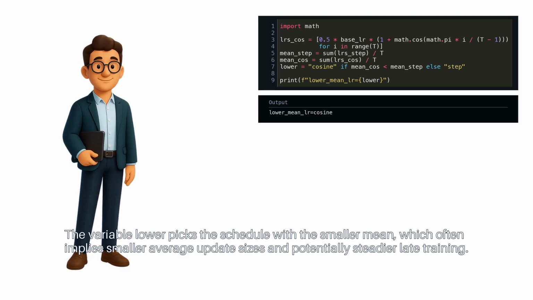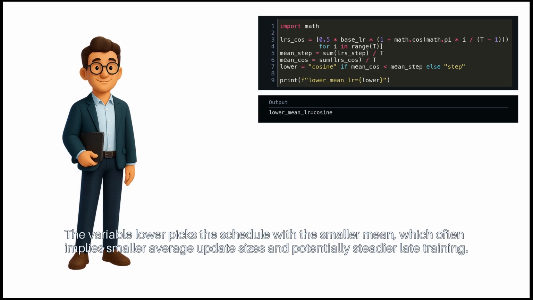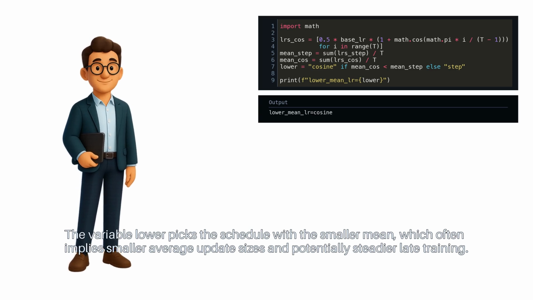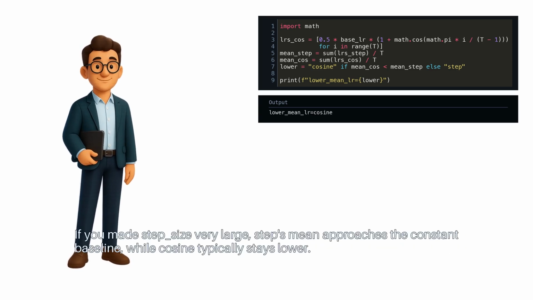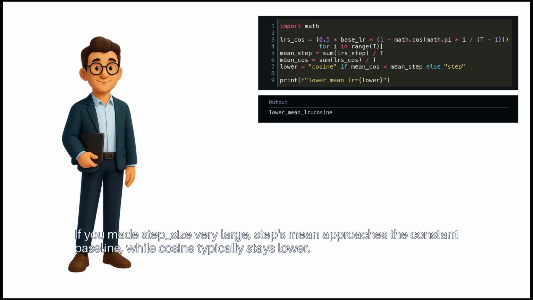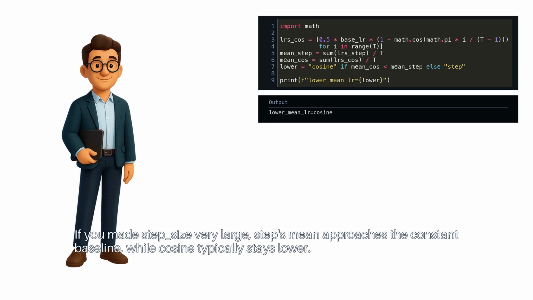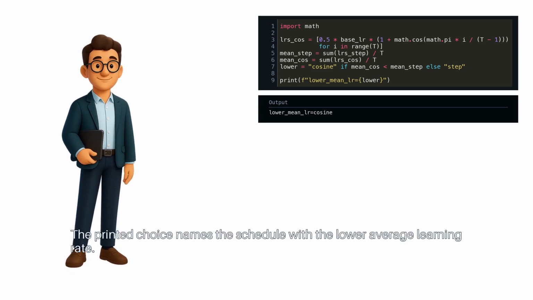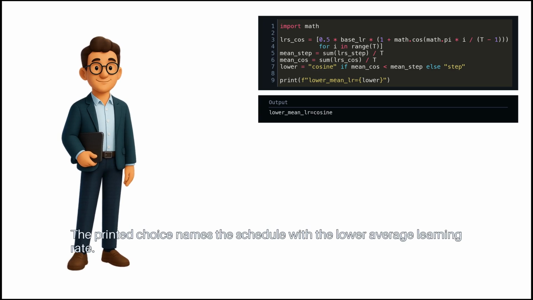The variable lower picks the schedule with the smaller mean, which often implies smaller average update sizes and potentially steadier late training. If you made step size very large, step's mean approaches the constant baseline, while cosine typically stays lower. The printed choice names the schedule with the lower average learning rate.